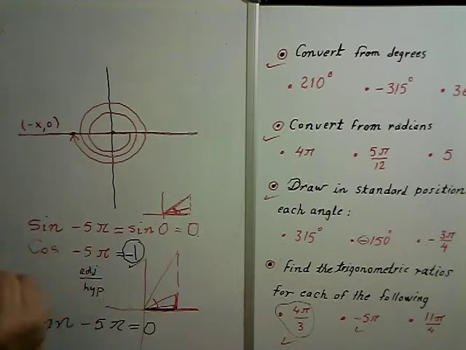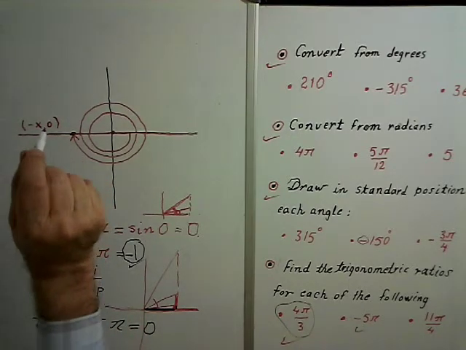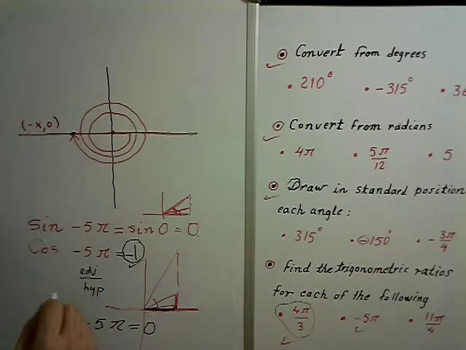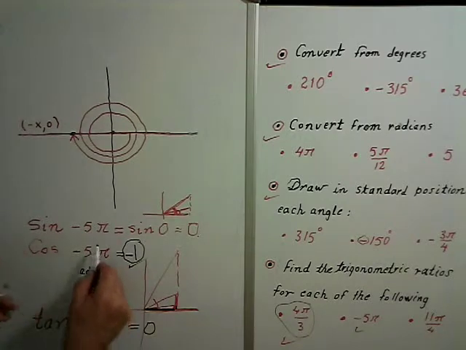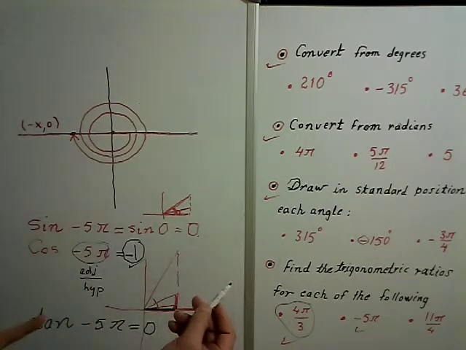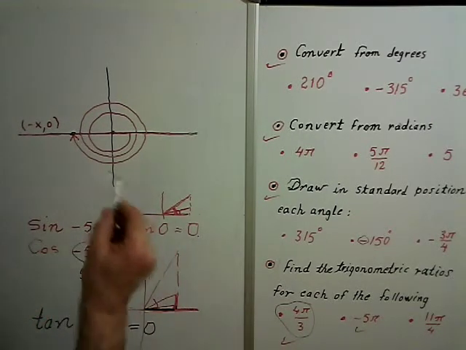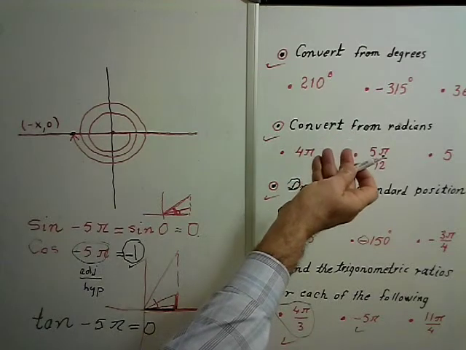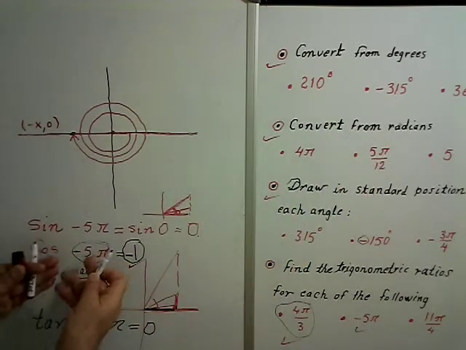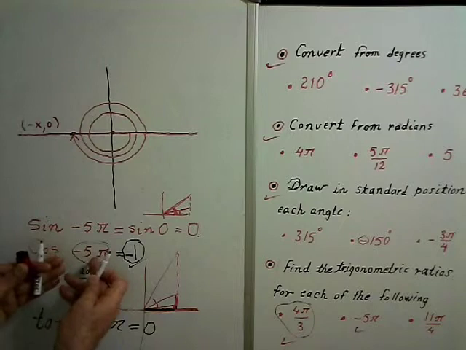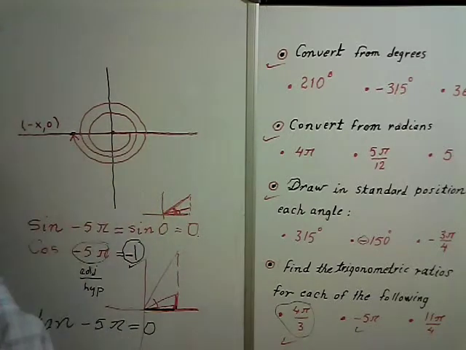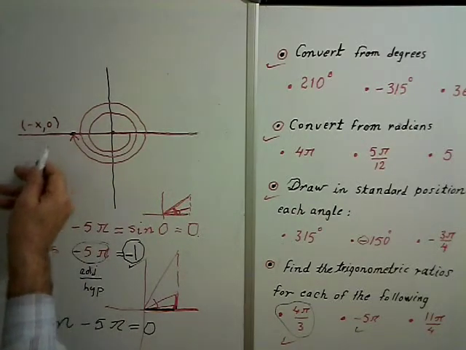Always be careful about the quadrant where the angle is when you write the ratios. So that's the difference between -5 pi and the 0 angle. The 0 angle is in the first quadrant. The -5 pi is in the third quadrant.